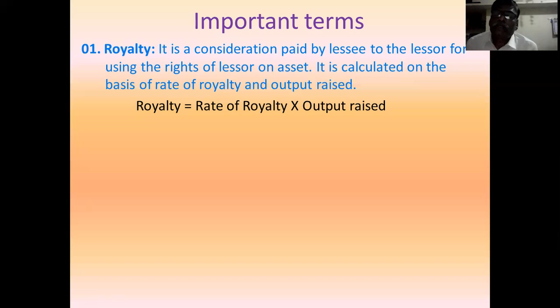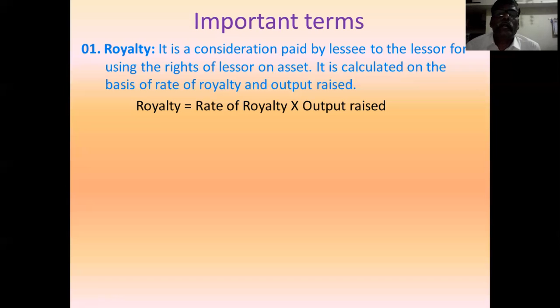And in case of patent, rate of royalty is fixed on the per product manufactured and sold. Suppose the manufacturer produces about 1 lakh units, and rate of royalty is rupee 1 per unit. Then royalty is 1 into 1 lakh, that is 1 lakh rupees.